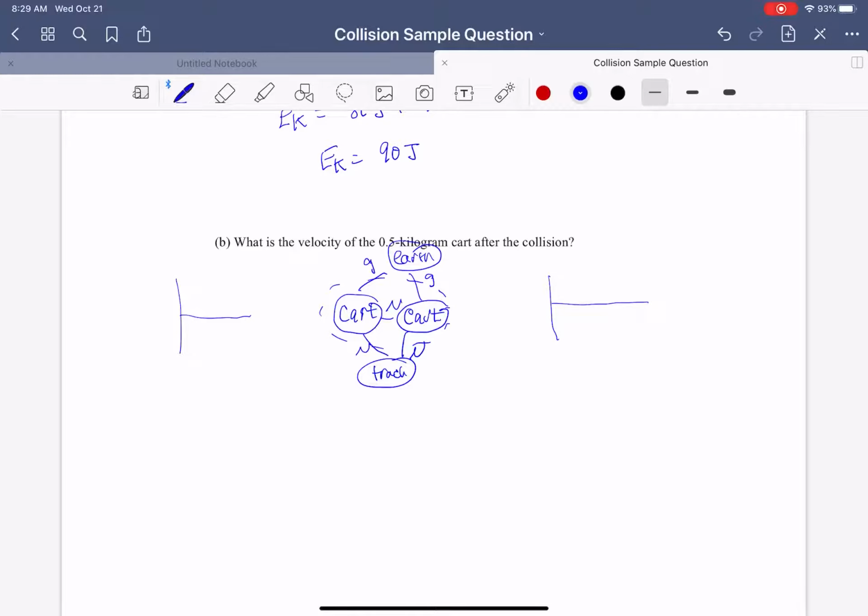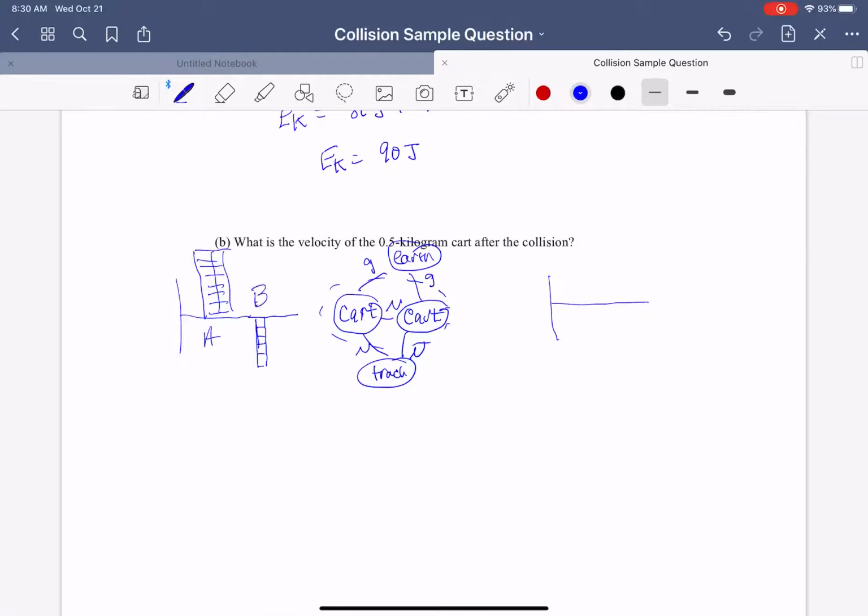To begin with, cart A has a bigger mass and a lot of velocity, and it's moving in a positive direction. B, on the other hand, has a much smaller mass, much narrower blocks, and it's not moving as fast, so it doesn't have as many blocks.